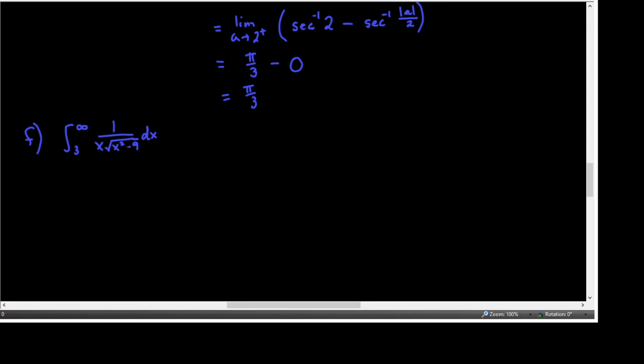Now, what are the discontinuities of that function? Well, x can't be 0, x can't be 3, x can't be negative 3. In all those cases, we end up trying to divide by 0, and that's no good. The only one that impacts us this time is positive 3.